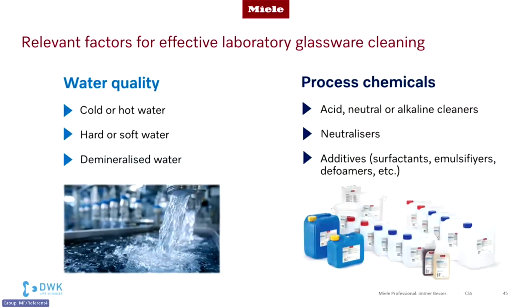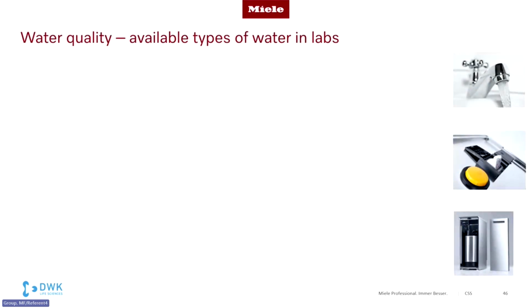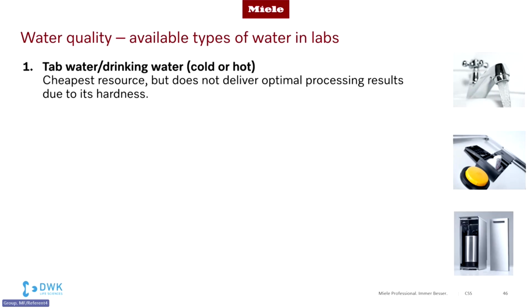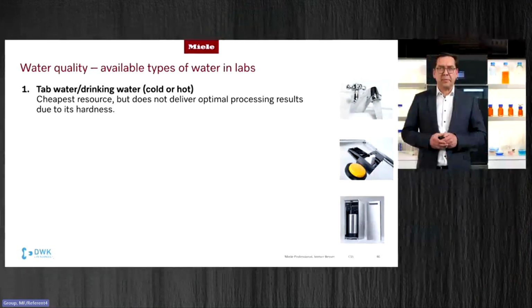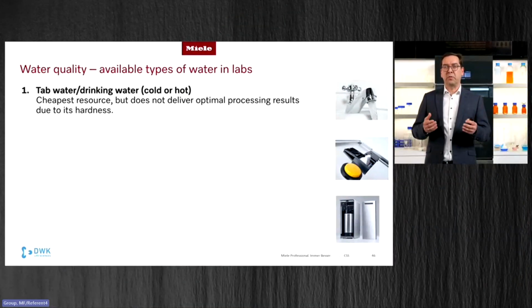And speaking about factors that go into our considerations, the water quality and also process chemicals are important too. I will explain to you why. Let's start with the water quality. A lot of labs use tap water, drinking water, for processing lab glassware.